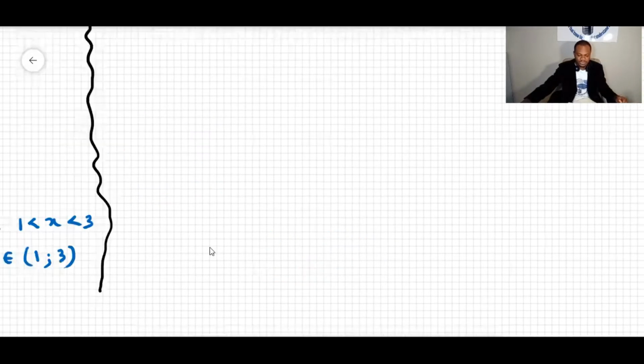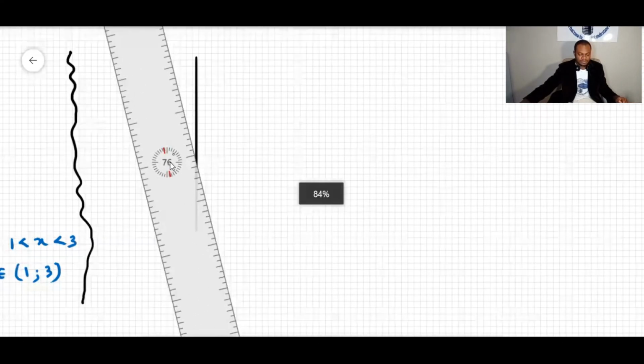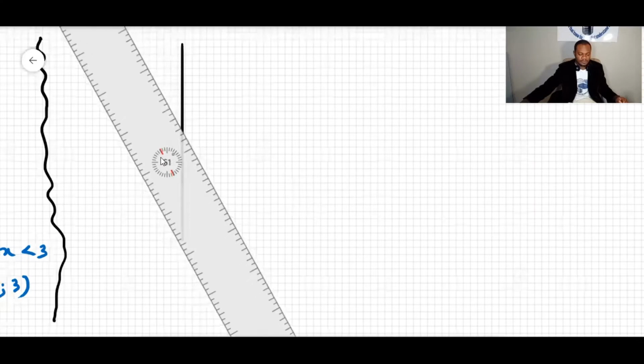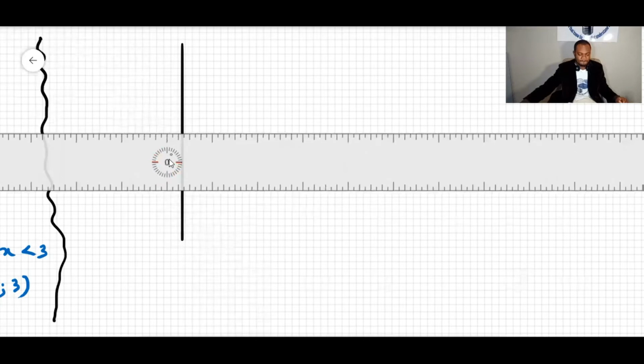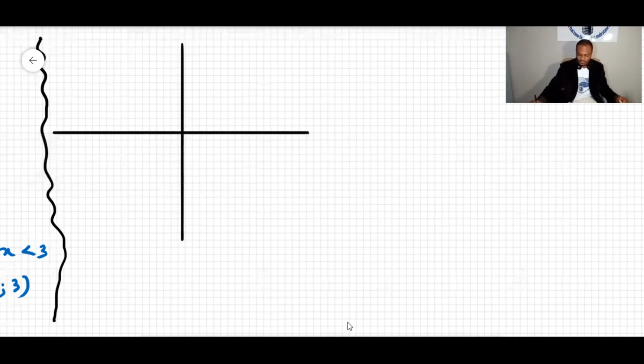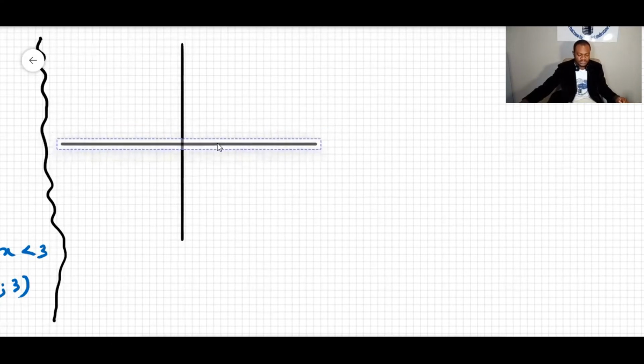Maybe I should just draw the graph of f. Let's see, these are the coordinates.